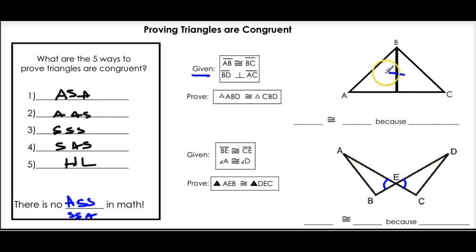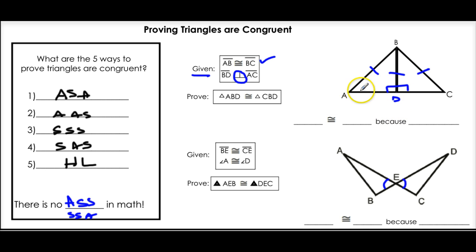So we already, right here, marked that these two sides are the same, so we mark that. We also know that AB is congruent to BC, so we can mark that. And we know BD, which is this line right here, is perpendicular to AC. This little sign means perpendicular, so it means it creates a 90-degree angle. What kind of congruence is this?